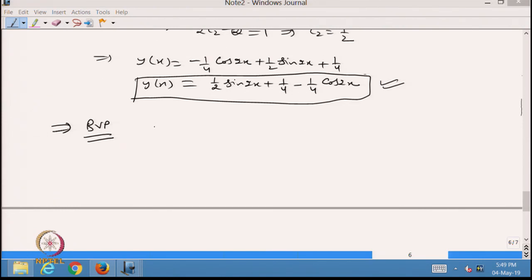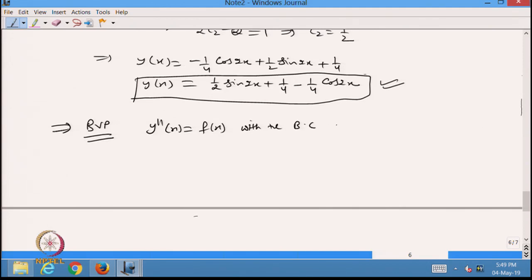I want to solve the equation y double dash x is equal to some function f(x) with the boundary conditions y(0) is equal to 0 and y dash (1) is equal to 0.